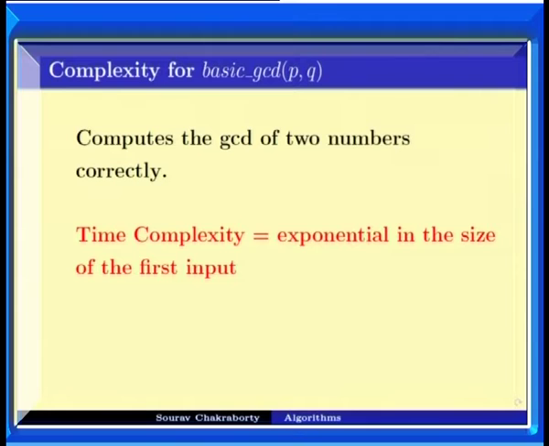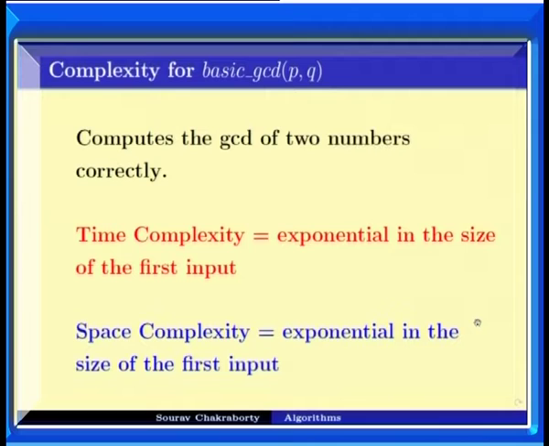is exponential in the first input. Recall that the input size is the size of p and q. Now p, when given in binary form, requires only log p to the base 2 bits. So the size of p is log p to the base 2, and the number of steps in the algorithm that we just saw requires around 4p steps, which is exponential in the size of the input, log p.